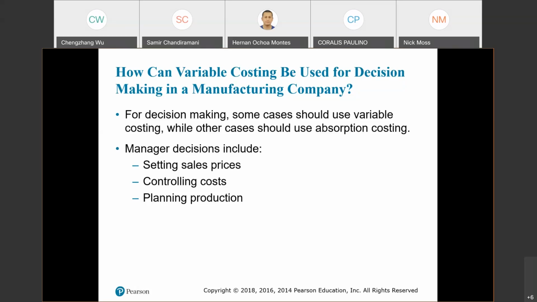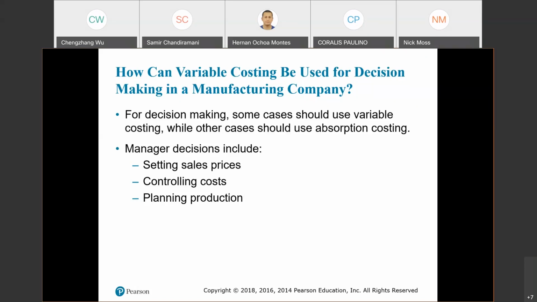Any fixed manufacturing cost must be included. So absorption costing in this case is more appropriate when determining the product cost for the long-term planning.